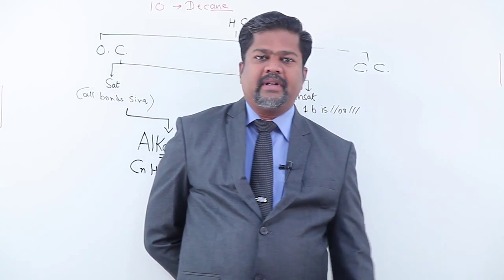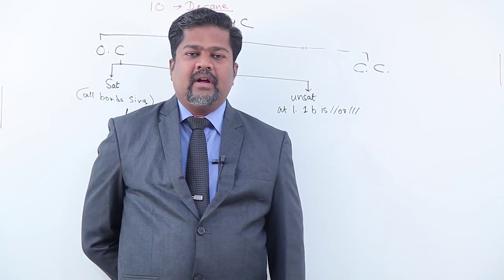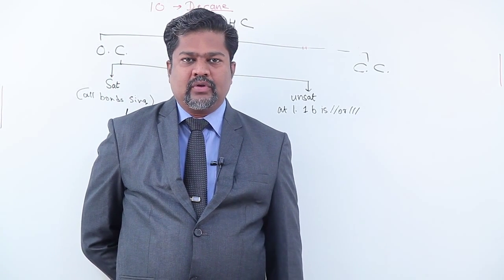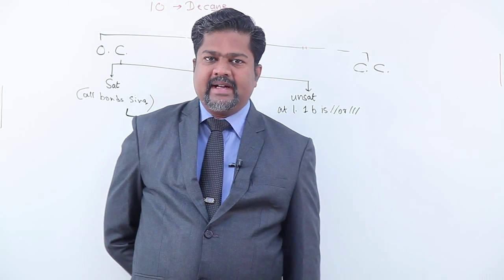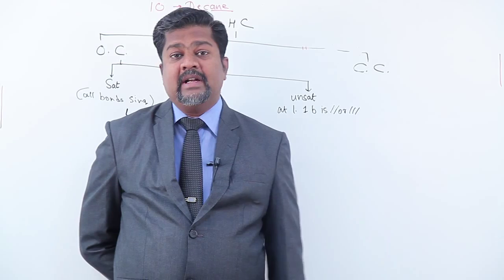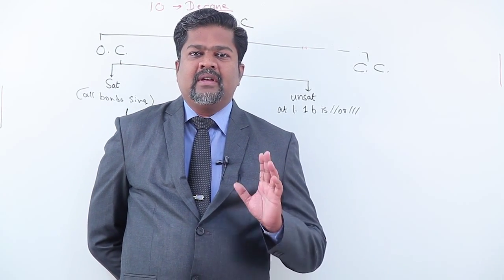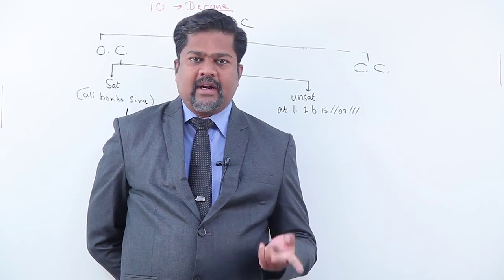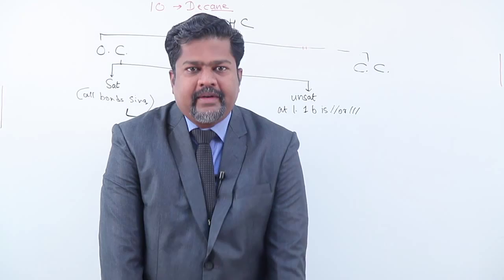Particularly physical properties depend upon the molecular weight of the substance. When all elements are the same, between CH4, that is methane, and C2H6, that is ethane, we have the same set of elements, carbon and hydrogen only.